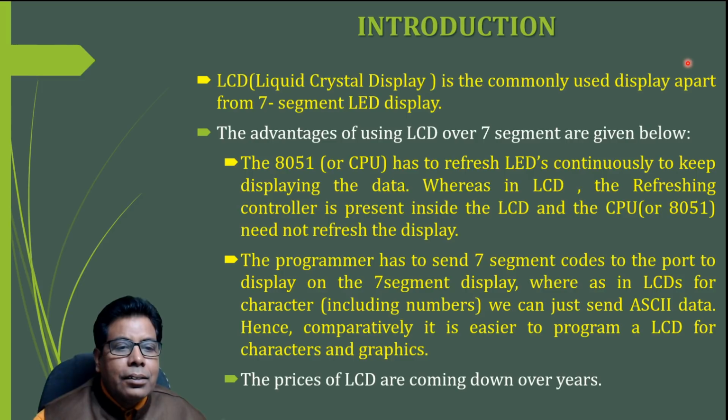And with the help of these ASCII codes, we can display text as well as numbers. Whereas in 7 segment display, many of the alphabets we can't display. It is very difficult. So the display of long messages is not possible with the help of the 7 segment display.